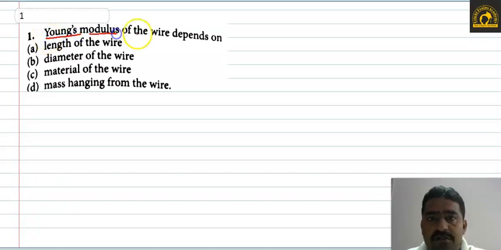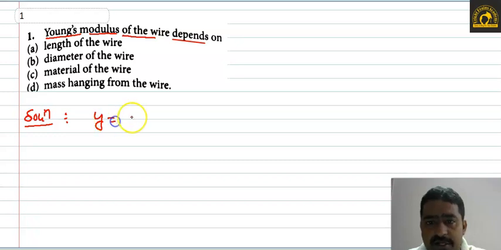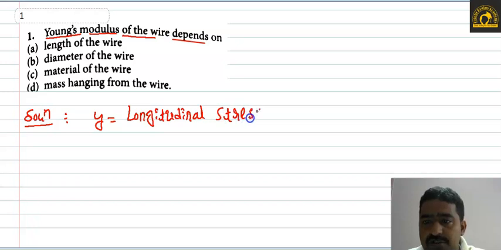Young's modulus of the wire depends on... So the first one is, what is Young's modulus? Young's modulus is denoted with Y. Young's modulus is equal to longitudinal stress divided by longitudinal strain.